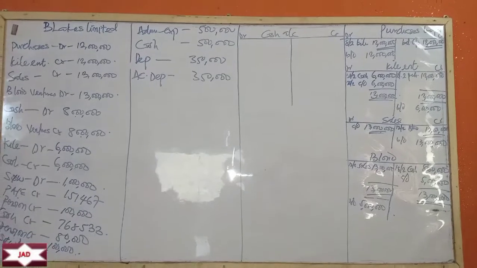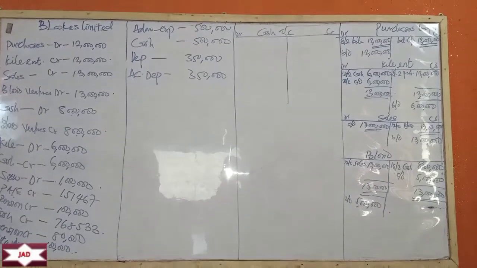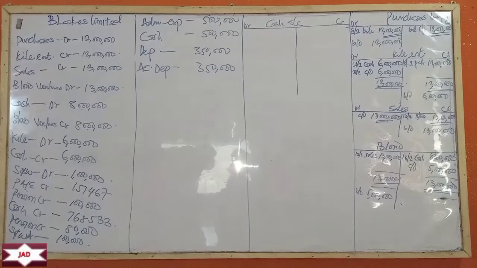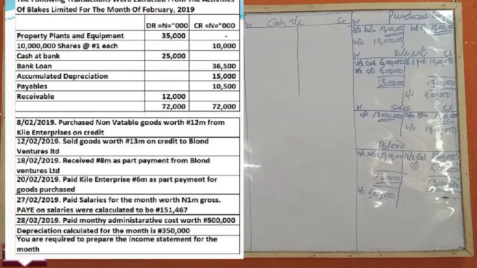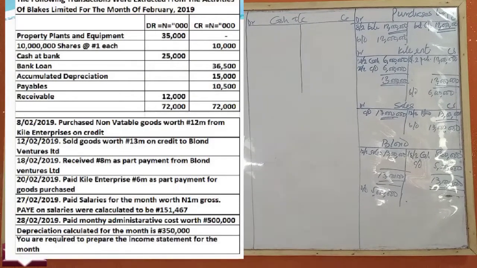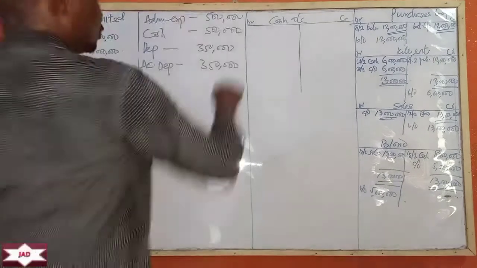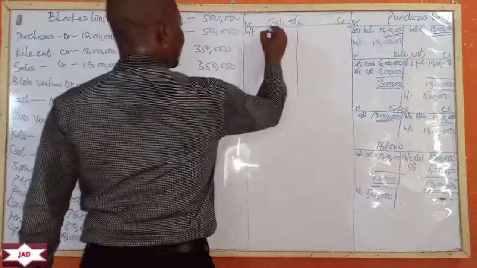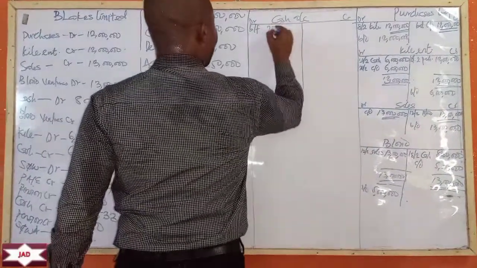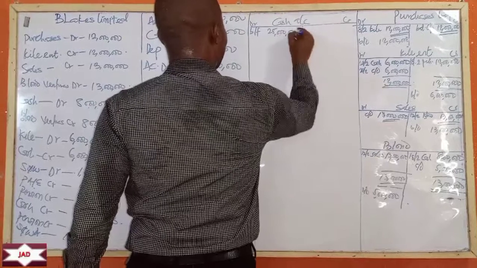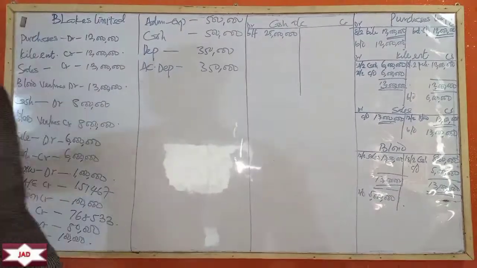Okay. So now let's go. Remember, there is a cash in the trial balance, 25 million. So we have a balance brought forward.